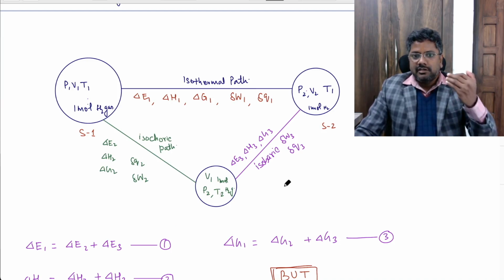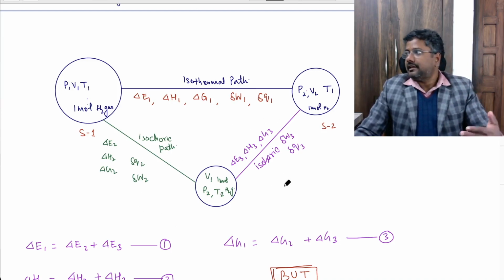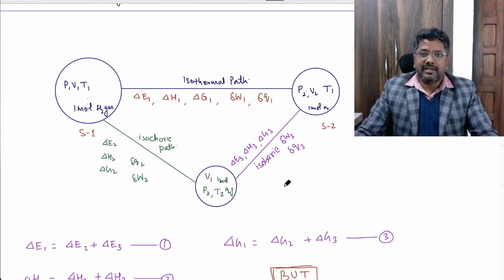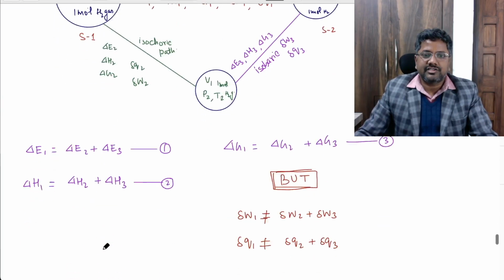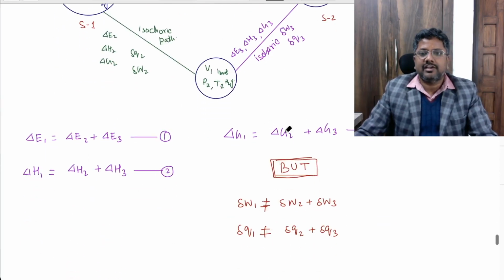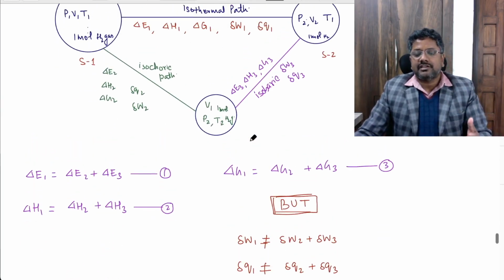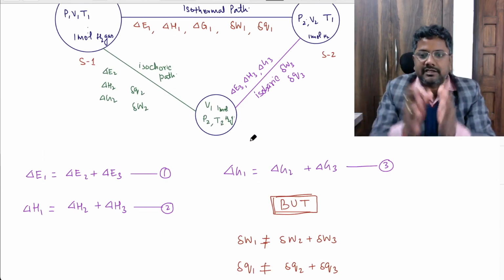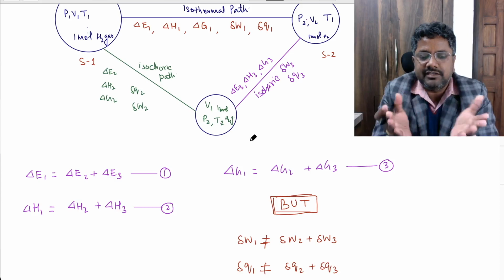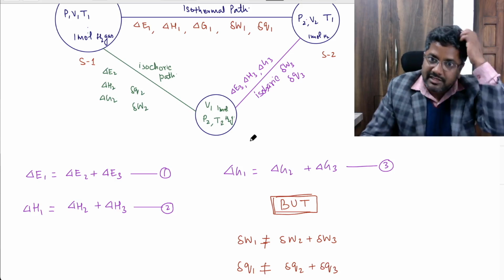Similarly, if you are observing any chemical reaction, and any one of the thermodynamic state functions regarding that chemical reaction, whether the reaction is completed in one step or more than one step, the state functions mean energy, enthalpy, entropy also.